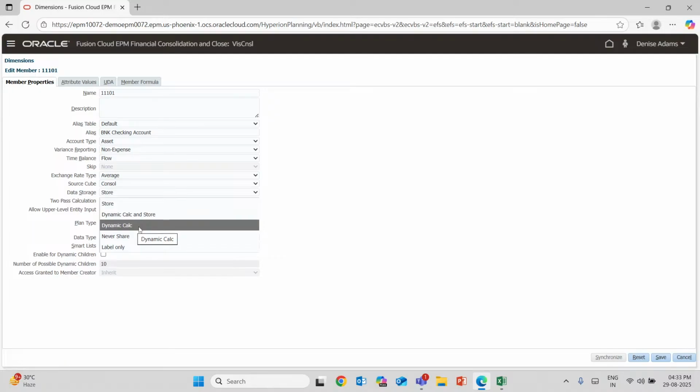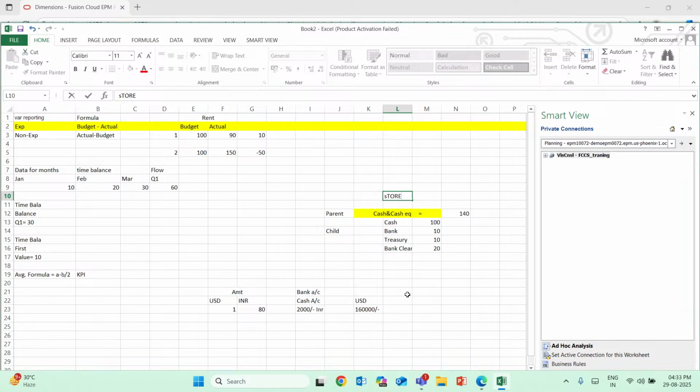Instead its value is calculated dynamically at runtime based on the formula. All the parents should have the total of the children, so all the parents will be dynamic, so that they can calculate the figure on the fly.